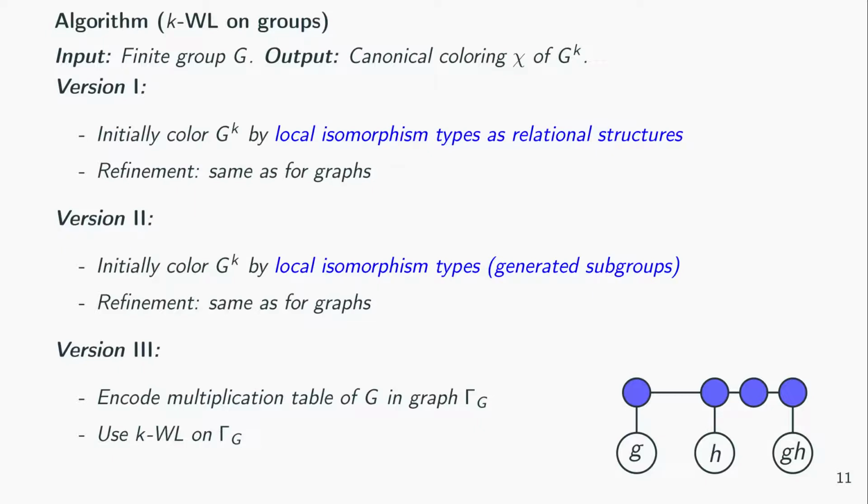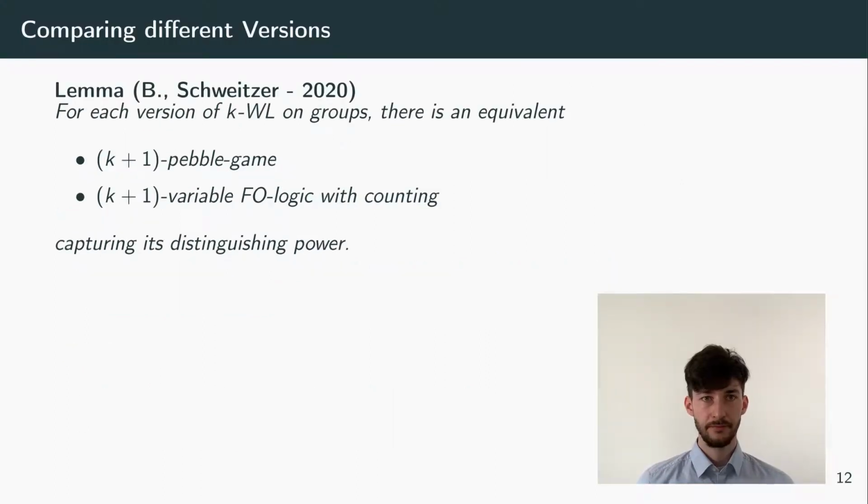Now, it is not clear right away how these different versions interact with each other, but I want to make the point that all of them are natural in a sense again, and to strengthen this argument, we have the following result. So for each of the versions of Weisfeiler-Leman refinement for groups we defined on the last slide, we can actually capture its power again with pebble games and first-order counting logic.